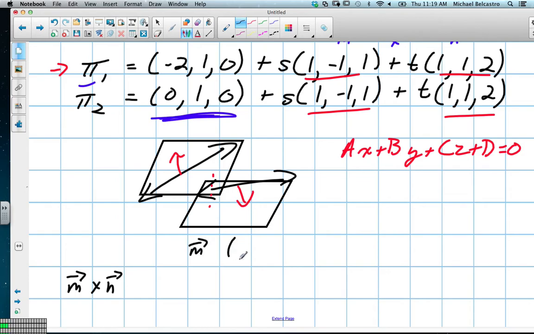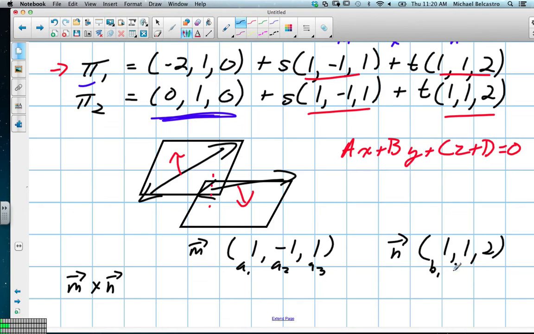Direction vector m is 1, -1, and 1, which is a1, a2, a3. And direction vector n is 1, 1, 2, which is b1, b2, b3. Okay. When we find the cross product of these, that's a2 times b3 is -2, subtract b2 times a3, 1. That's our x value.